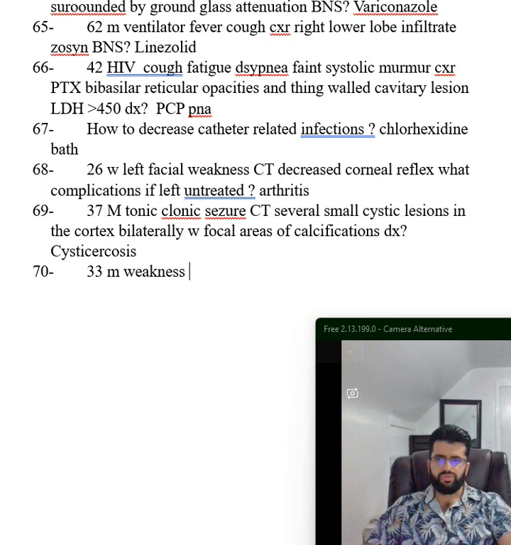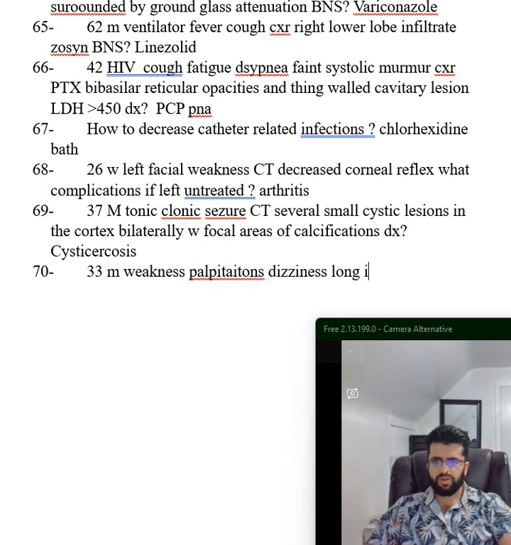palpitations, dizziness, lightheadedness, lives in Long Island. And they ask you what the cardiac finding is here. So they're clearly testing about Lyme disease, okay?